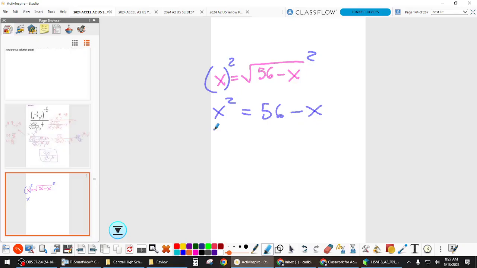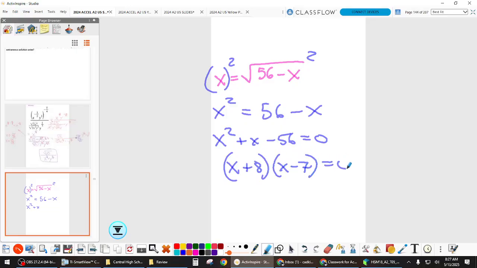Okay, and then this is a quadratic with an x term, so set it equal to 0. Factor, you can write out the star.